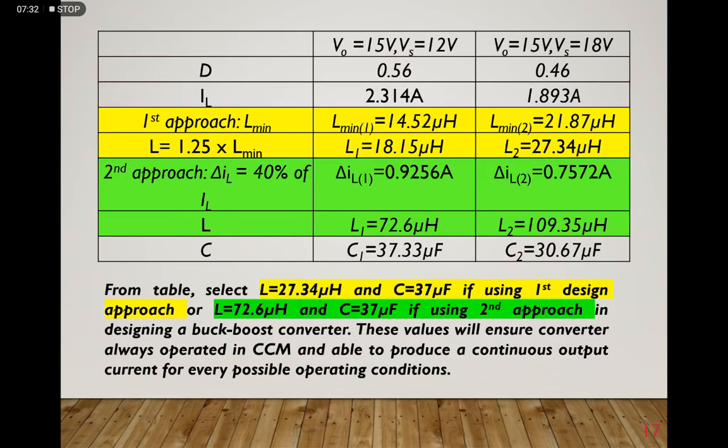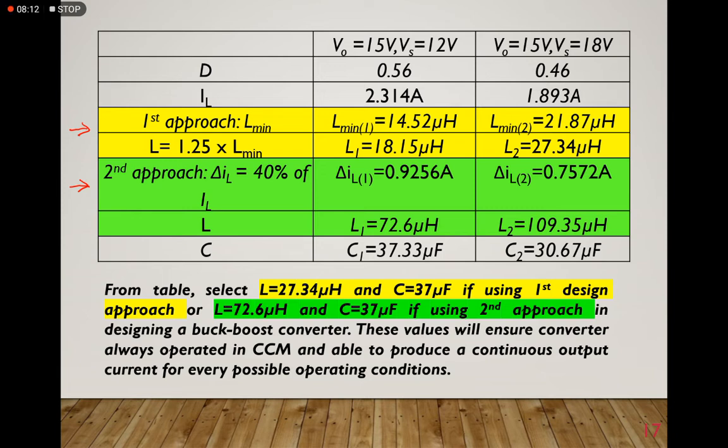So from what we have written, we sum up all the answers into a table form, using the first approach in finding L and using the second approach in finding L. From this example, if you only calculated using the first approach, you need to select L equal to 27.34 microhenry and C is 37 microfarad.